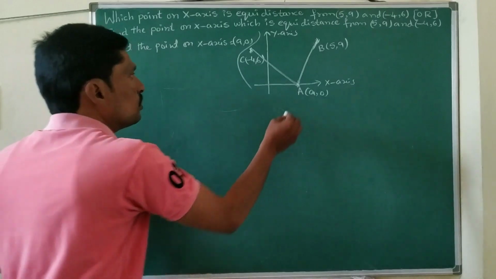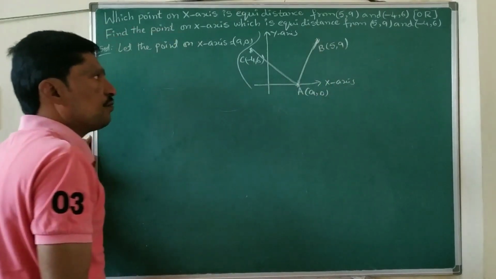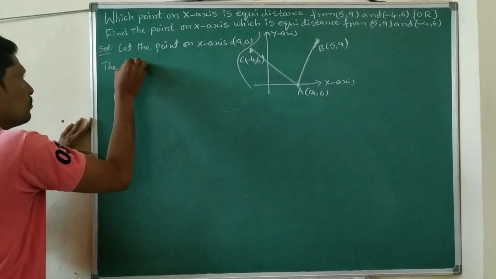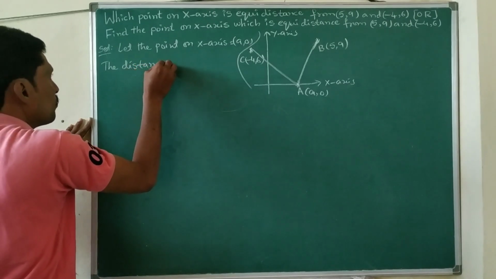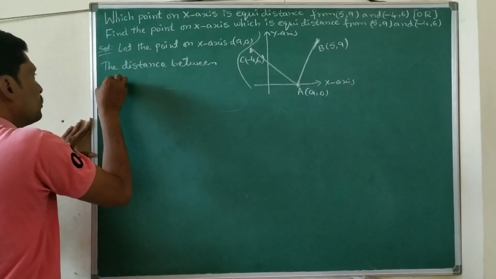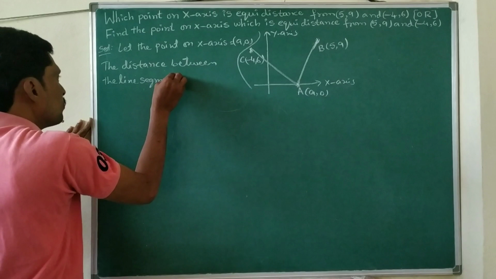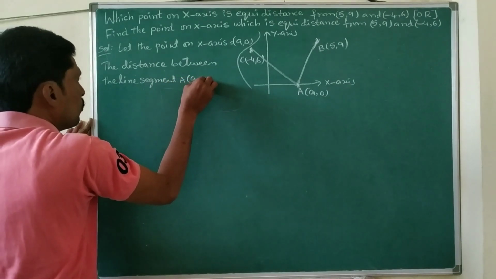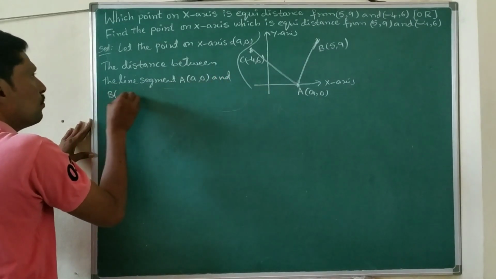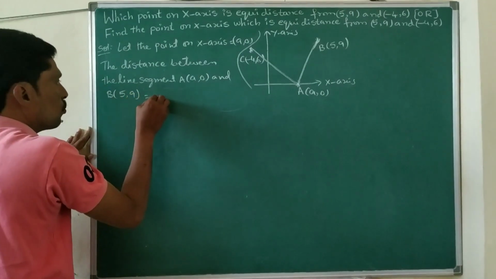Now we have to find the distance between A of (a, 0) and B of (5, 9), the line segment AB. So we know the formula.